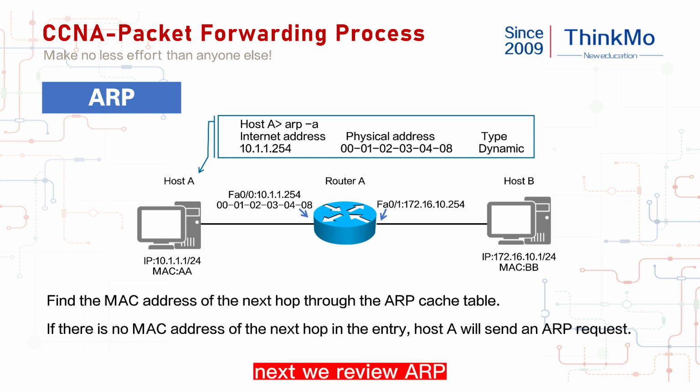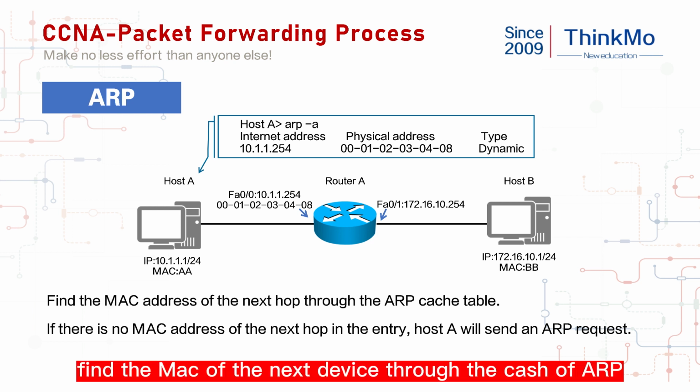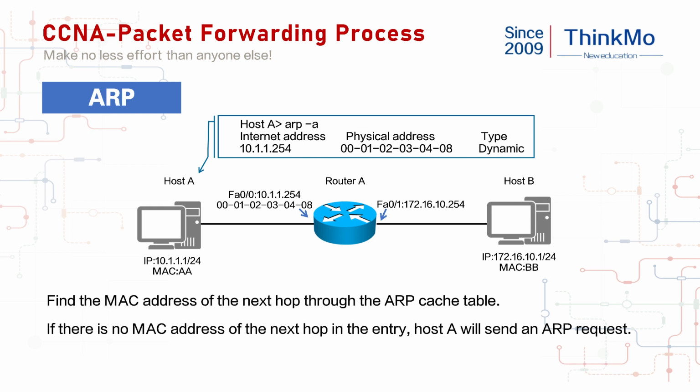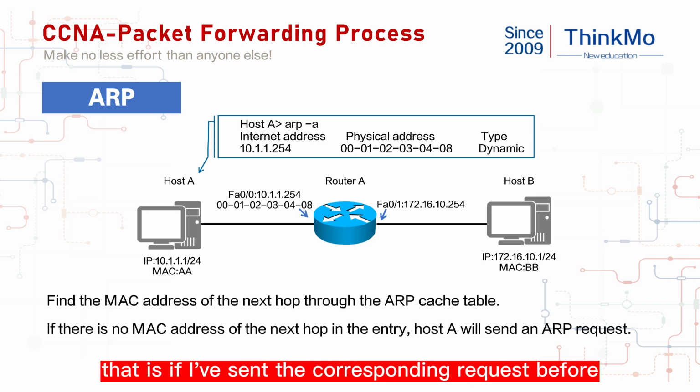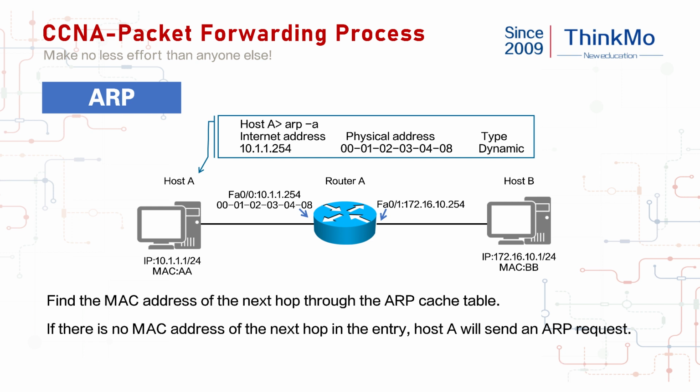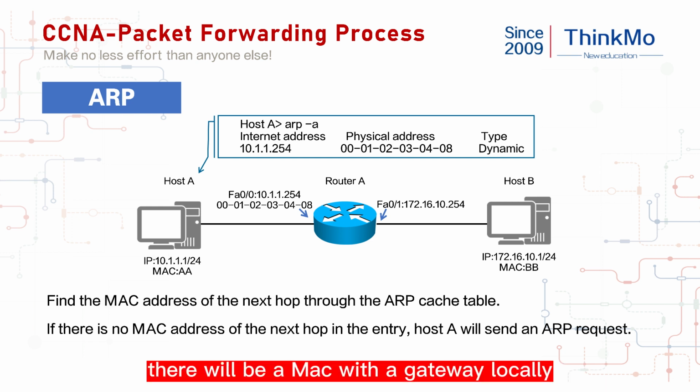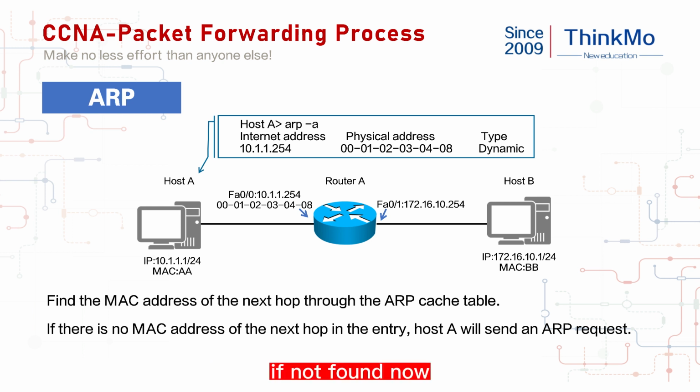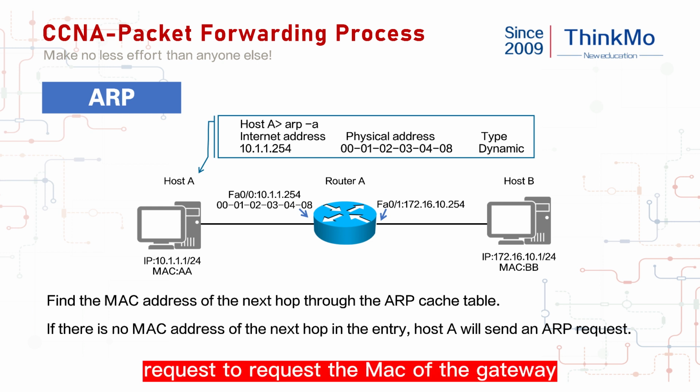Okay, next we review ARP. Find the MAC of the next device through the cache of ARP. That is, if I've sent the corresponding request before, there will be a MAC of the gateway locally. Crossing the network segment is actually sending to the gateway. If not found now, host A wants to send an ARP request to request the MAC of the gateway.